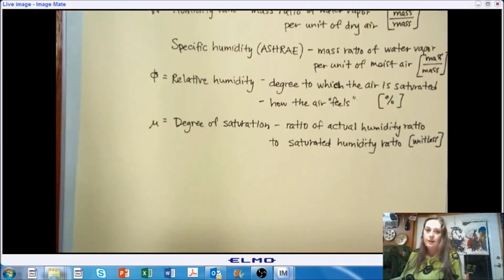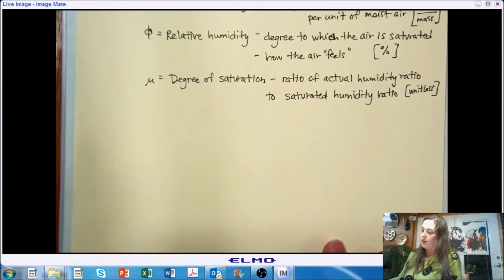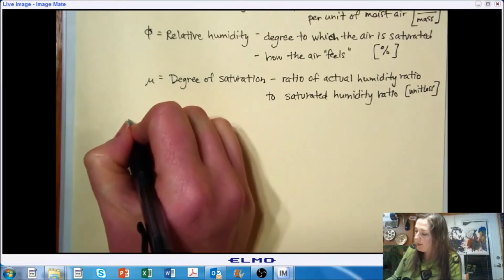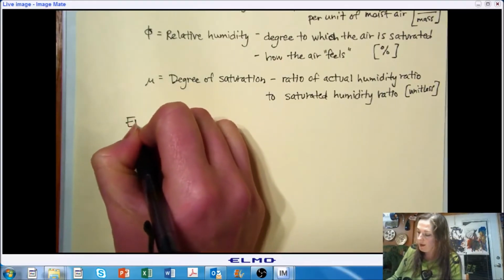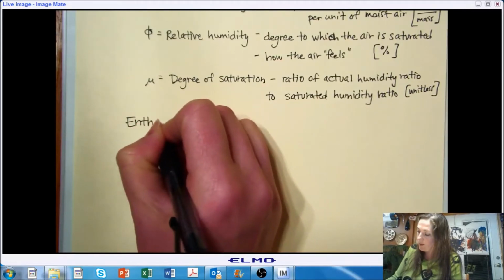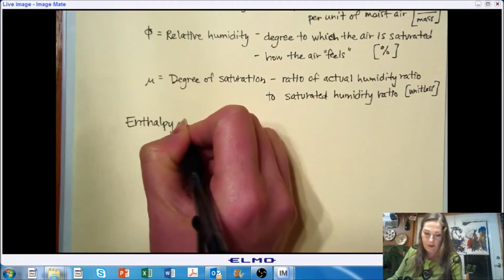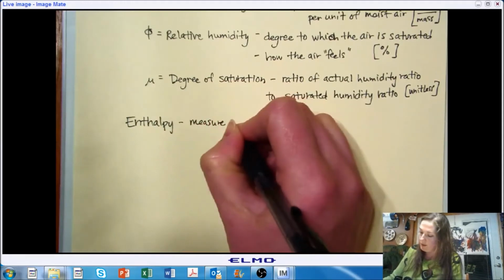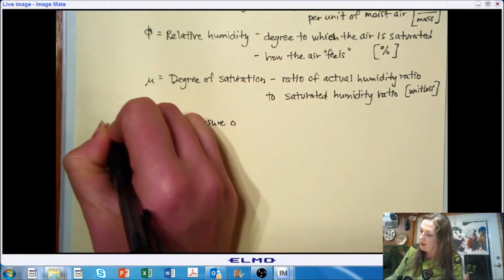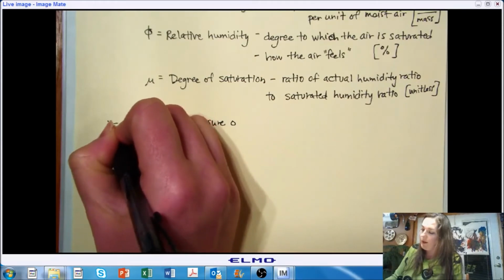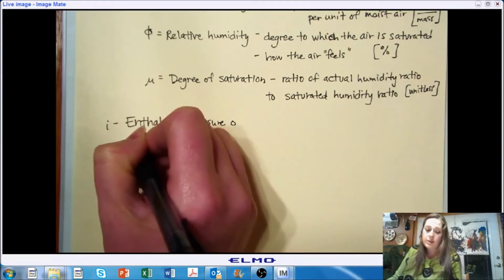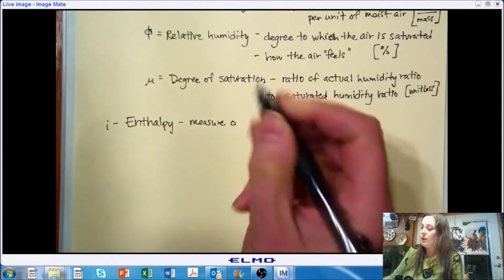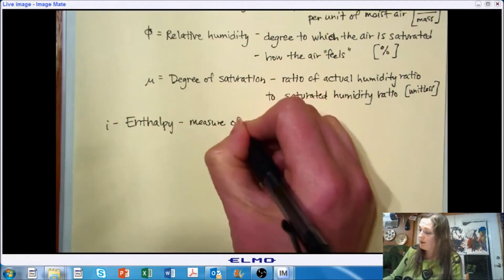Okay, the next property that we're going to talk about is how we measure energy in moist air. And we use enthalpy. So as a measure of internal energy. We represent enthalpy in this book with a little i, which throws me off every time because I'm used to saying a small h, but in our book they use small i, so we have to adapt so that we can follow along.